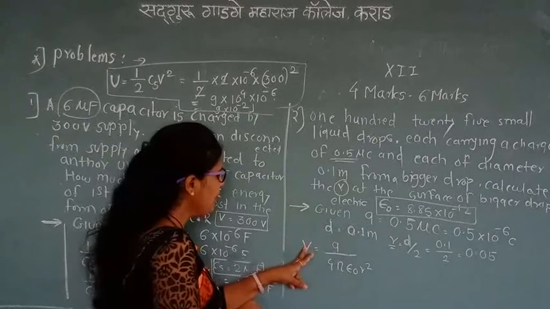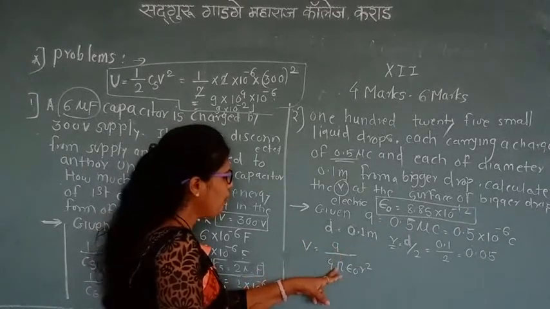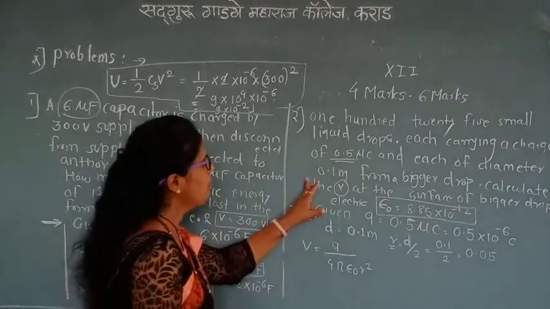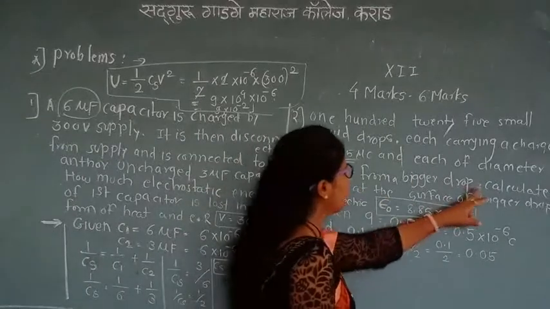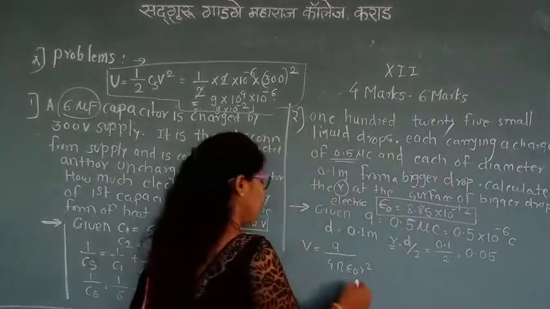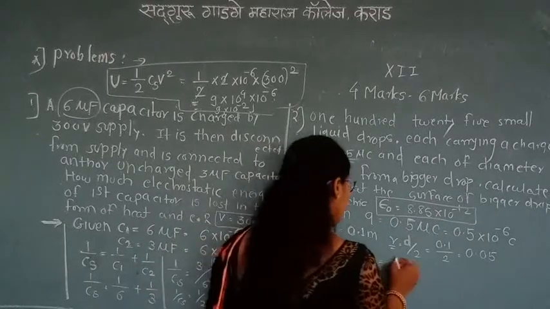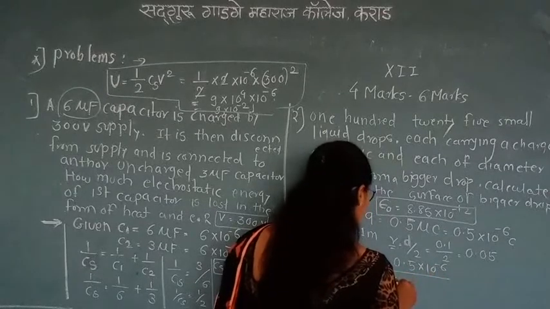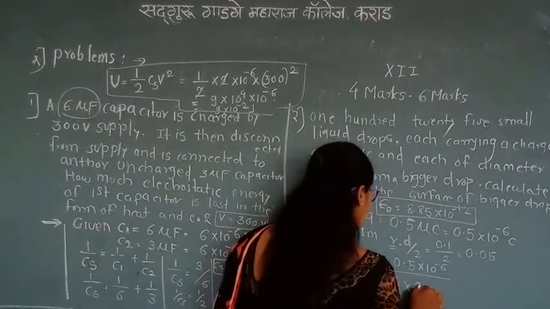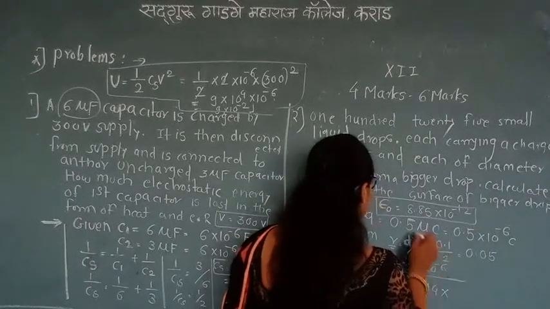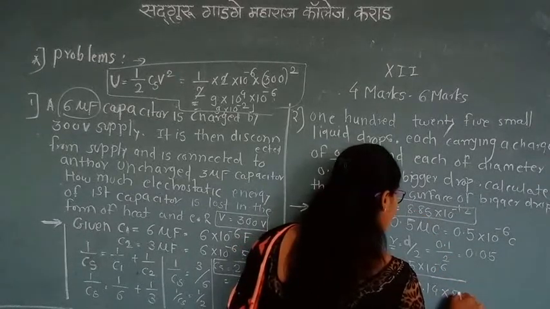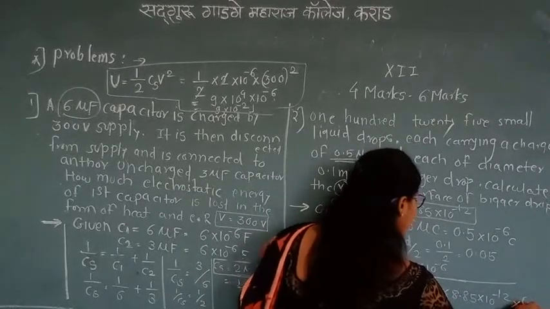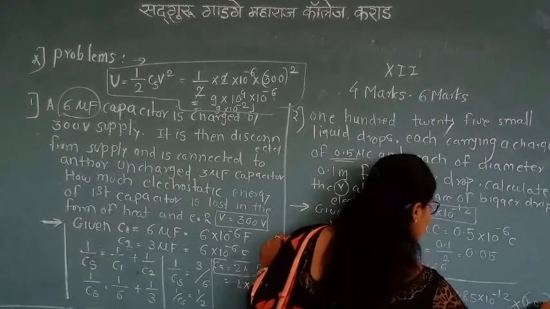Here V, the electric potential, is equal to Q upon 4 pi epsilon R square. We use this formula for solving this example, because in the question we have to calculate the electric potential. Now Q's value is given: 0.5 into 10 raised to minus 6 divided by 4 into pi's value 3.14 into epsilon naught's value 8.85 into 10 raised to minus 12, and R is 0.05 bracket square.